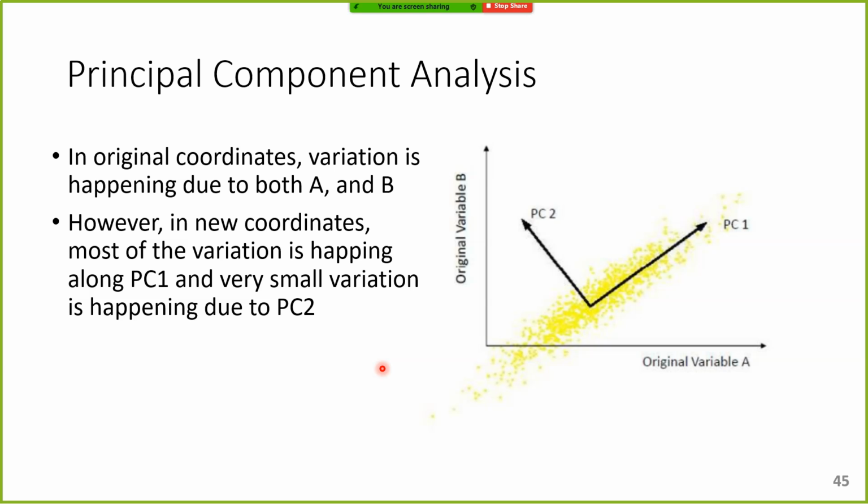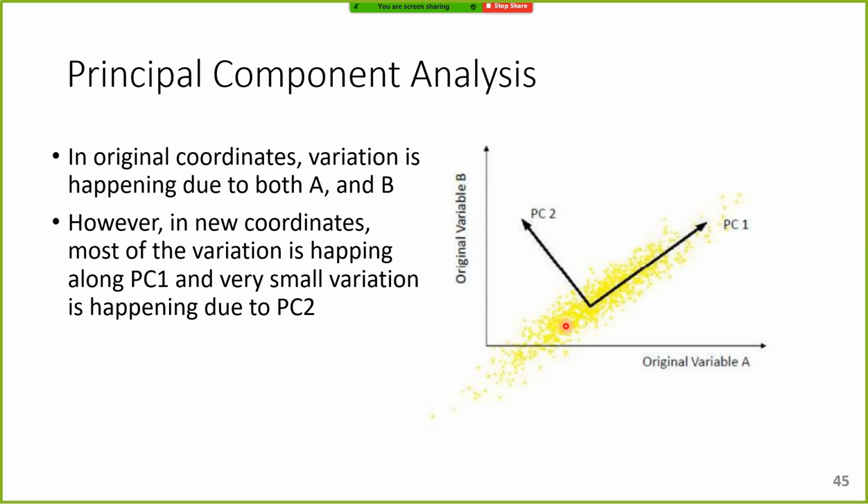So here is a sample data set. For now, you can ignore this coordinate system shown in black. If you look at these yellow dots, the variation in the data is happening due to both the change in the x-axis and the change in the y-axis.